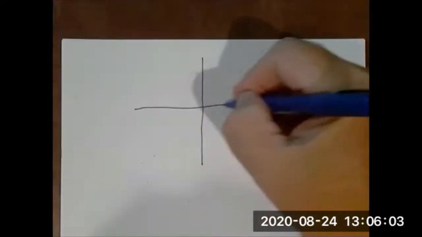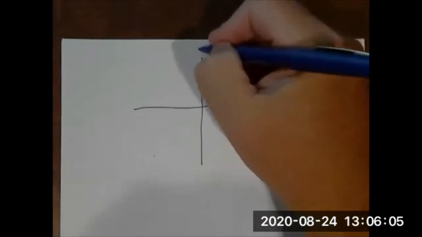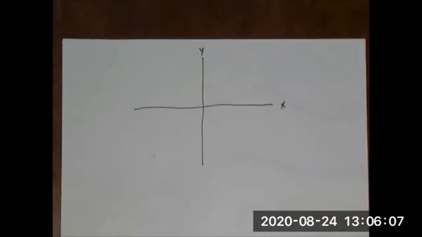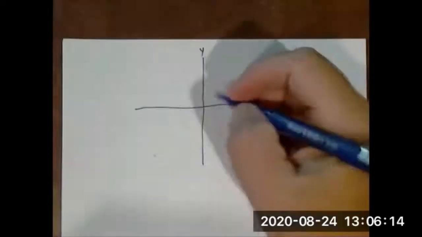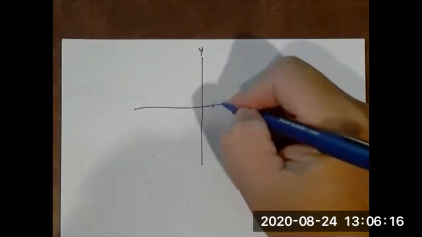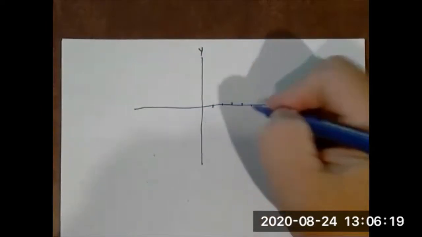I'll try and create an X and Y coordinate system. You just have to make sure you have enough room for everything. So let's go maybe 1, 2, 3, 4, 5.